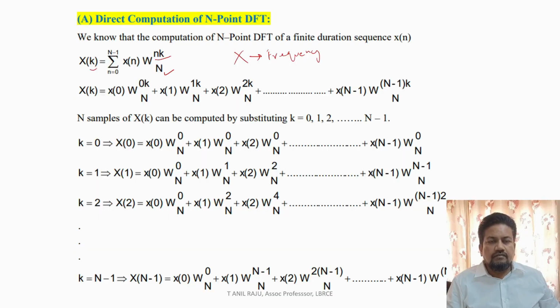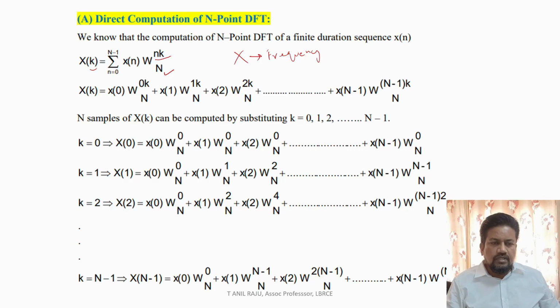Small x of n tells that it is in discrete time. Small x is the representation of the time signal, and n is the time index of the discrete samples.